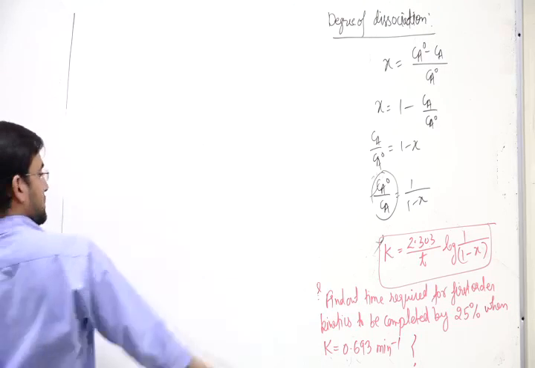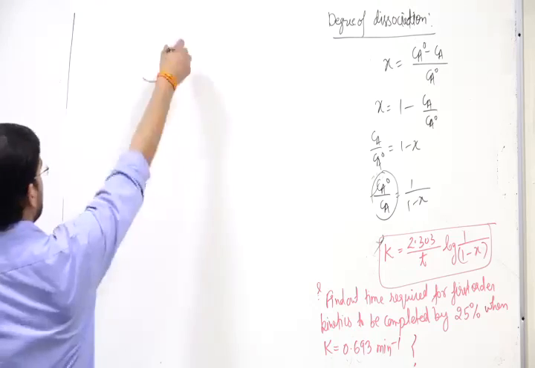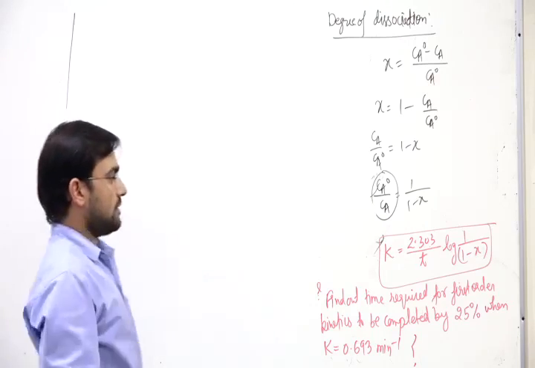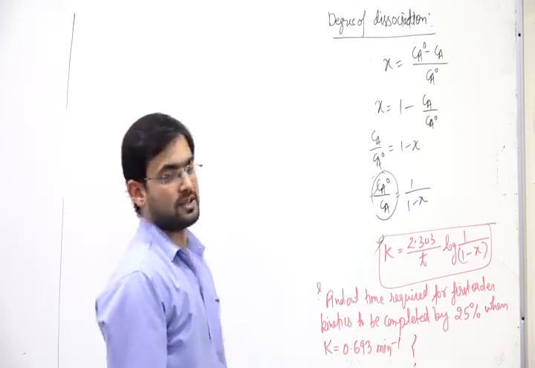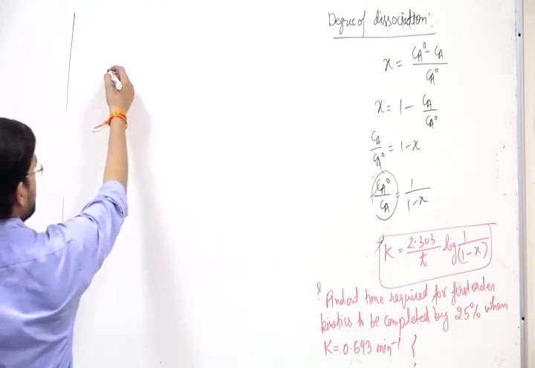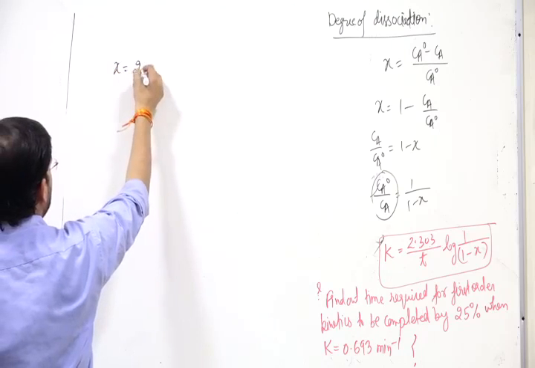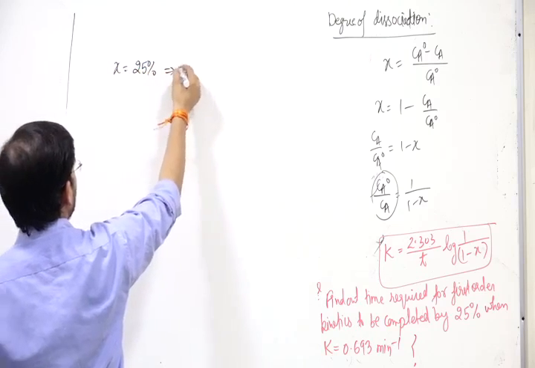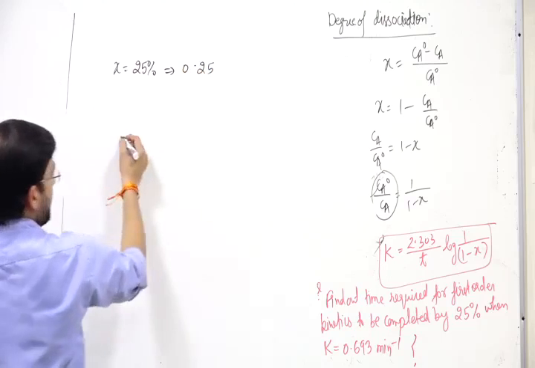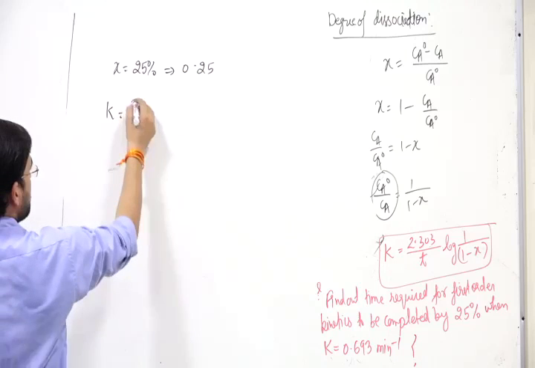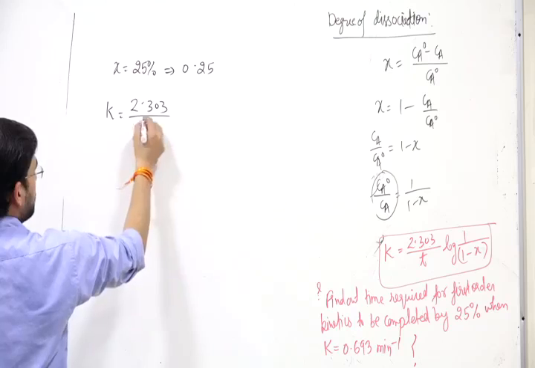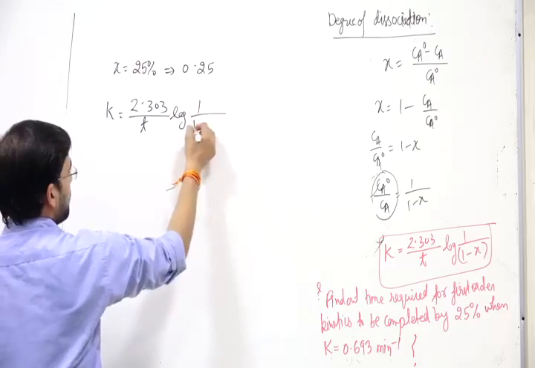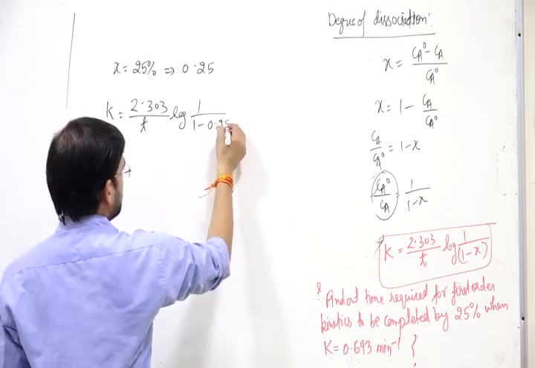Okay, so we see the question. Find out the time required for first order kinetics, but what is given? Completed by 25%. So x is given as 25%. It means x is 0.25. So we take the formula K equals 2.303 by t log of 1 by 1 minus 0.25.